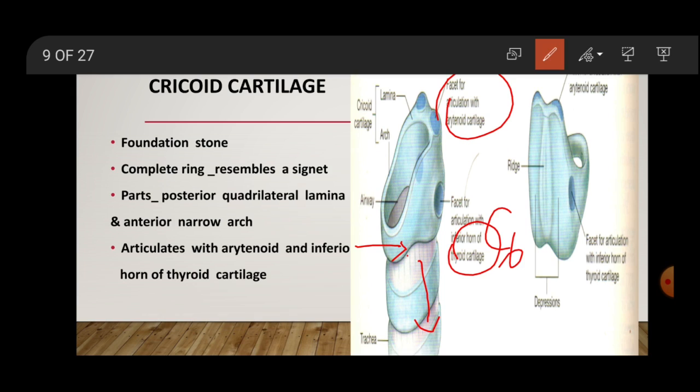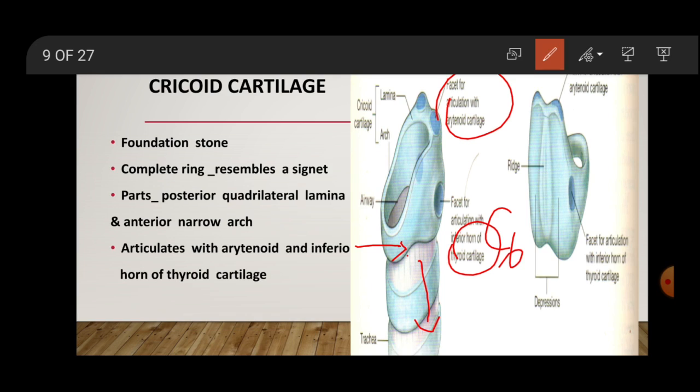It is the only laryngeal cartilage that articulates with the other two laryngeal cartilages.